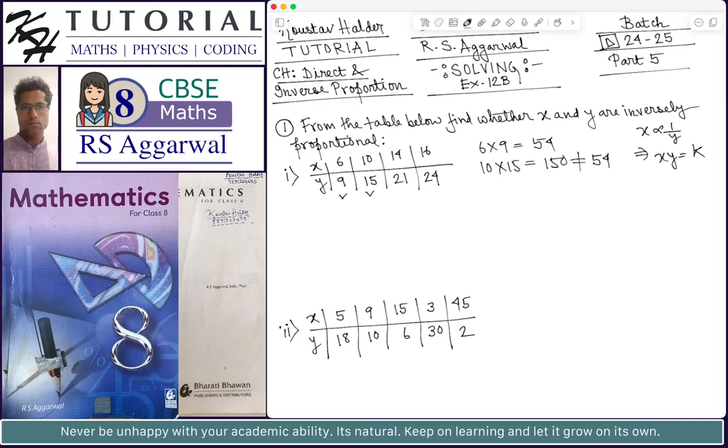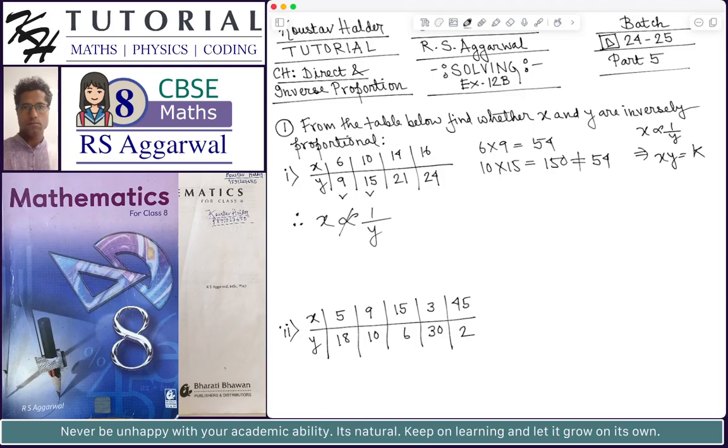So we can say that x and y are not inversely proportional, and I use this symbol to mean that two quantities are not inversely proportional. Okay, so for part 1, the quantities x and y are not inversely proportional.